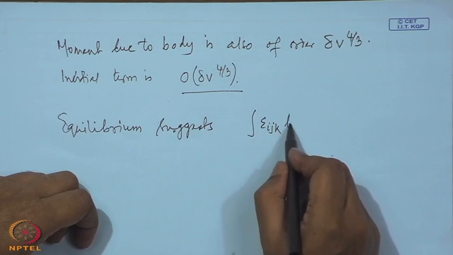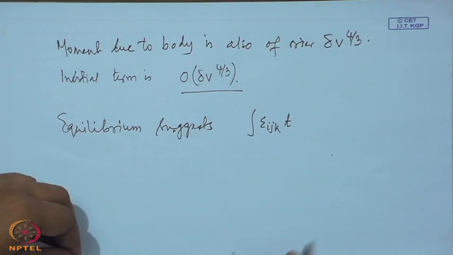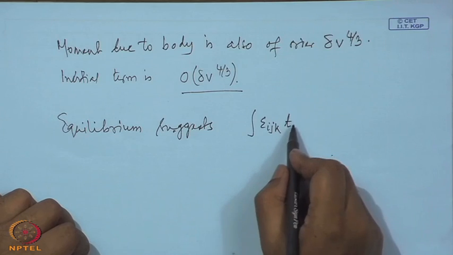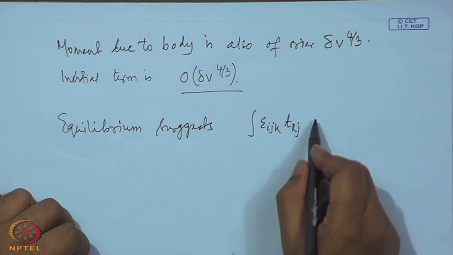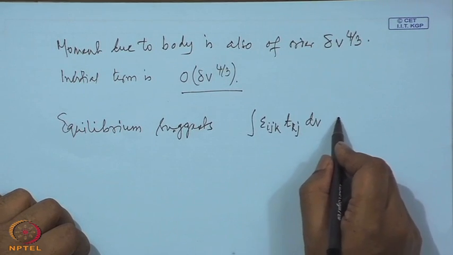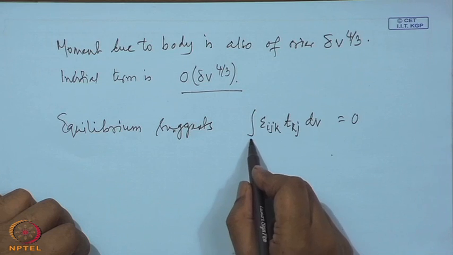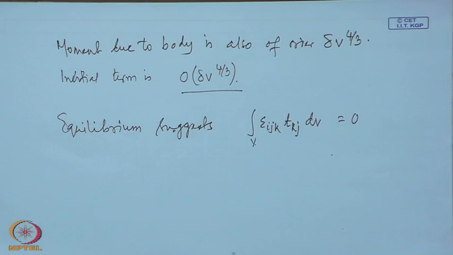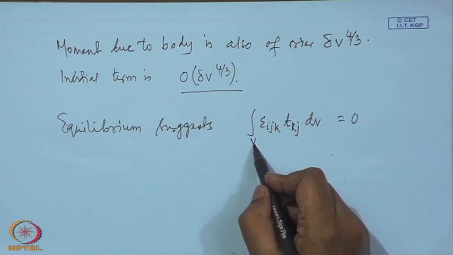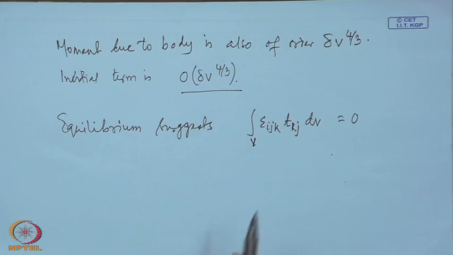what we had, T k j or T j k, T k j, for a continuous function.